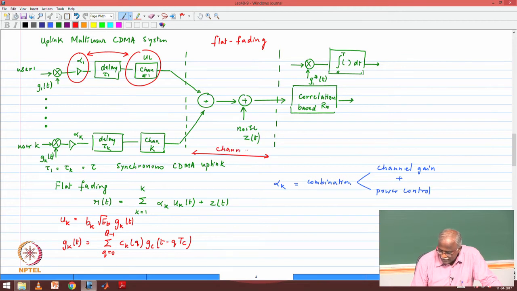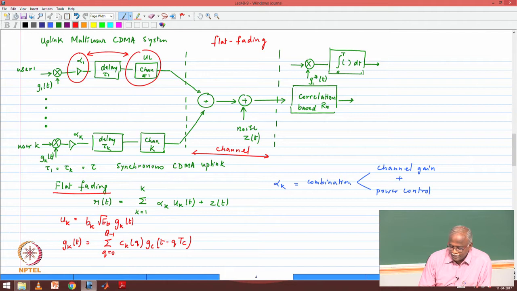The channel basically combines all the individual user signals, and of course then adds some additive noise, and that is the composite signal that is given to the receiver. The task at the receiver is to be able to detect any one of the k users who have transmitted the signal. And so the assumption once more is a flat fading channel.